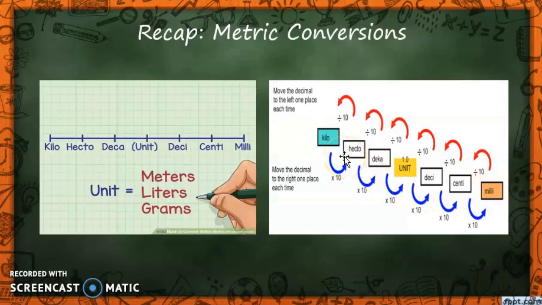And as you know, we move by powers of 10. So when we're moving from larger to smaller, we multiply by 10 each time we move. And if you're using the decimal method, we move the decimal to the right one place each time. Alright? So let's get into it.